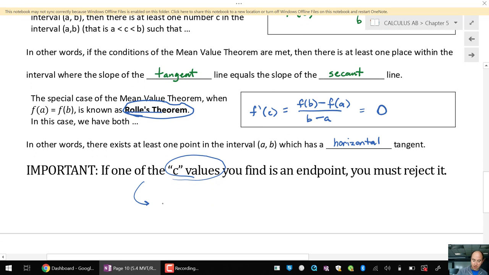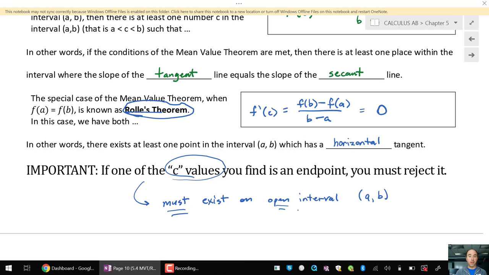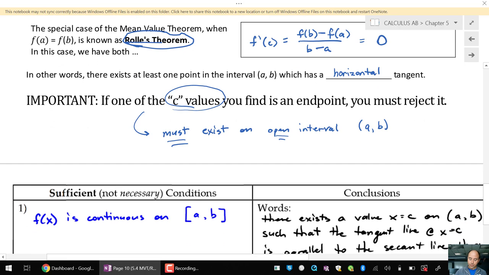So if I write this down, c value must exist on the open interval from a to b. So if we end up discovering that the c value is an endpoint, we will just discard it, we will reject it, and not use that as part of the MVT conclusion.